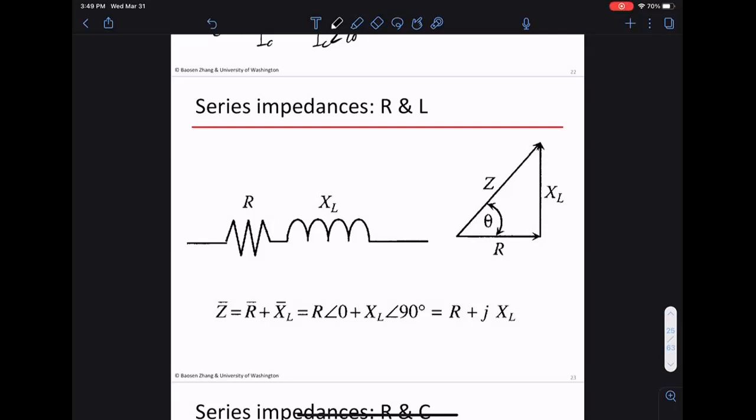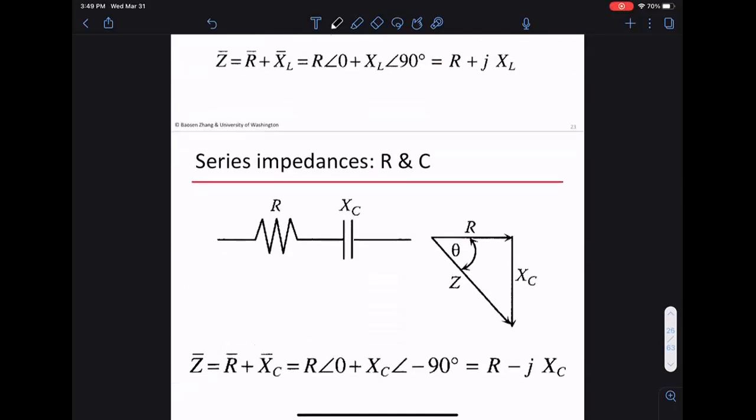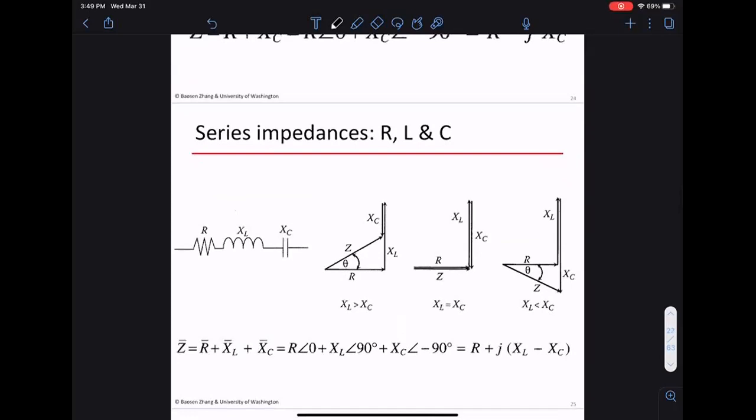Any questions about this kind of operation? Similarly, when you have R and C, this is a real part, imaginary part. When you have R, L and C, again, you just add everything together. So this is very simple algebra.